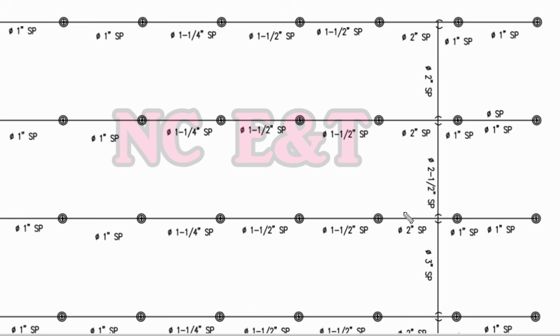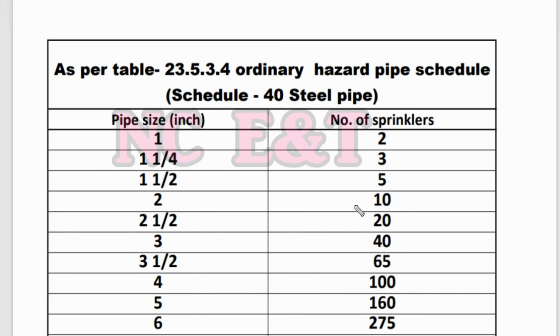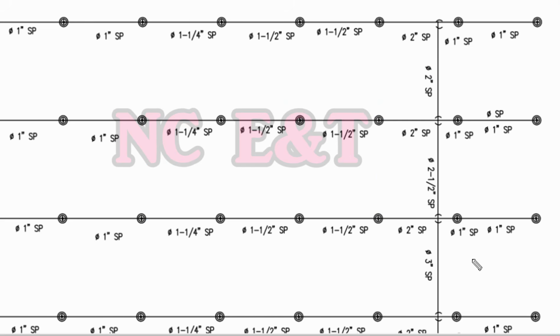Then we will add the third branch, so the total number of sprinklers will be 24, and we need to find from the table the pipe size for 24 sprinklers. We can see from this table that from 20 up to 40 we need to use the pipe size of 3 inch. We will apply it on our layout. So for 24 sprinklers we need to use the pipe size of 3 inch.